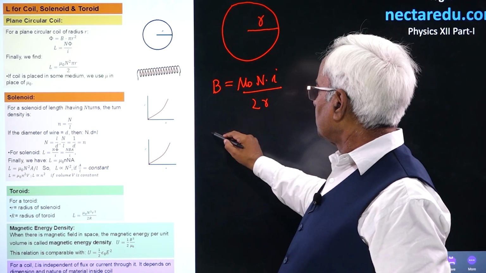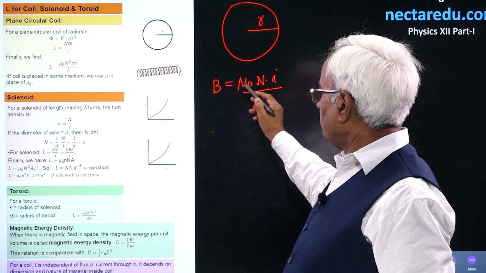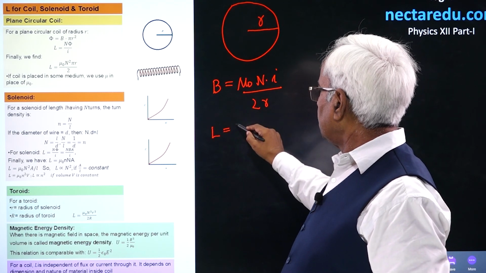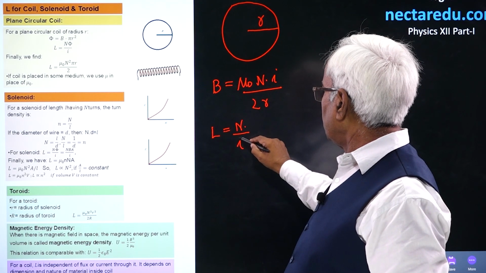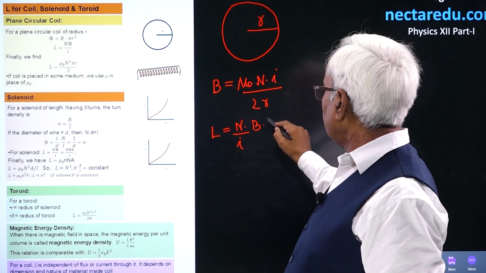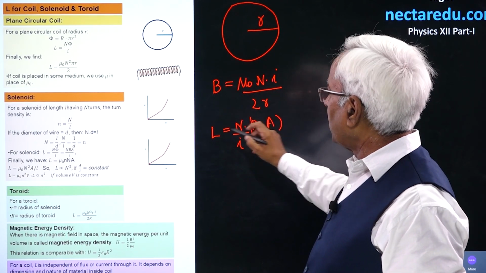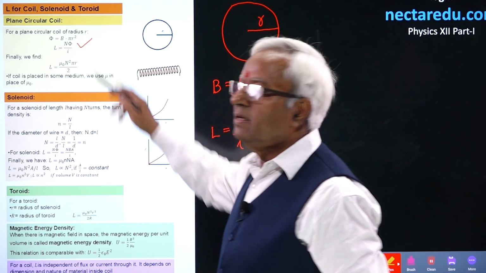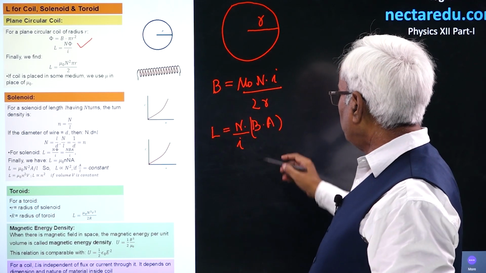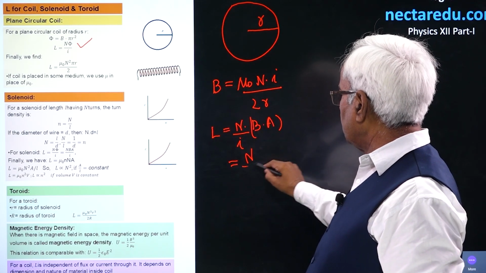And flux is B into A. L, that is N upon I, phi. In place of this phi, we have written B into A. Put the value of B here.